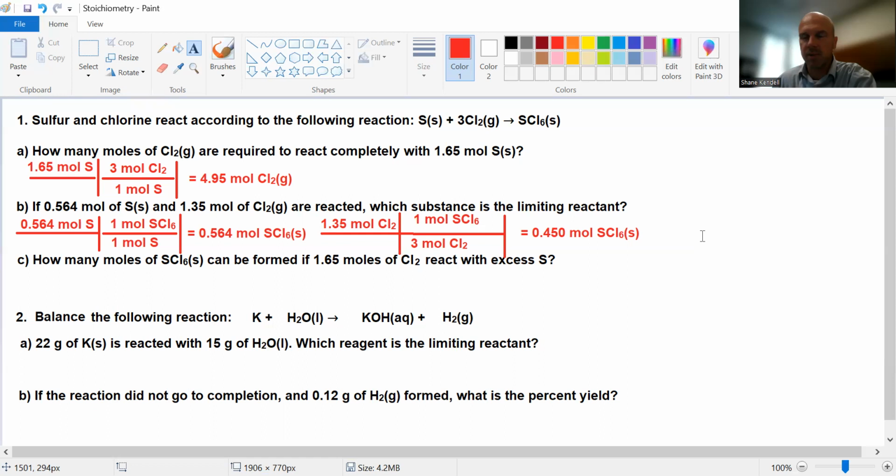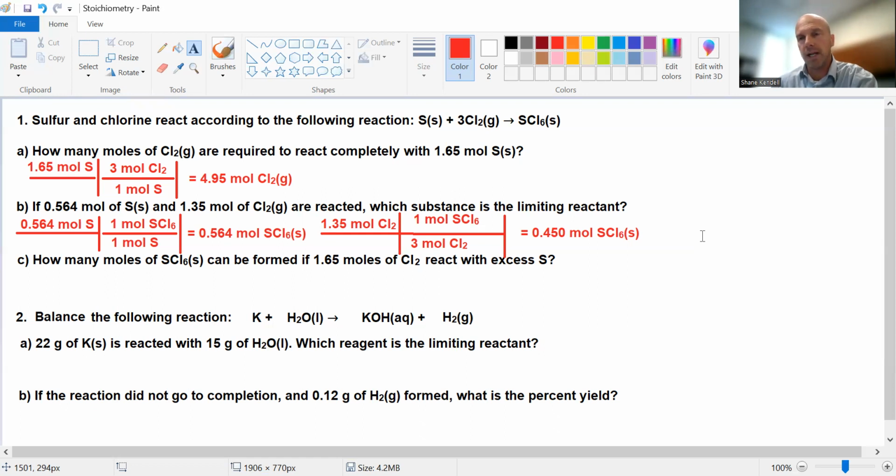Now, if there were 100 slices of bread, but still only 25 slices of cheese, then you're still only going to be able to form 25 cheese sandwiches. You would just have an excess of 50 slices of bread, if that makes sense.